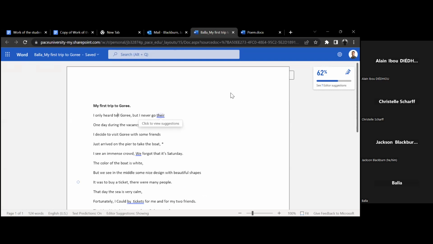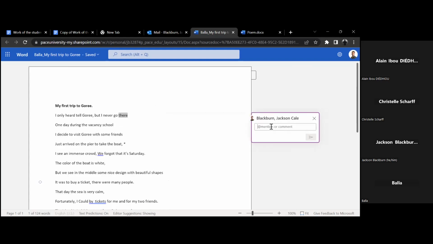Okay, so let me add a note. When you're speaking of, let me add a comment. There are three different types of there. The there that you used, which was spelled like this, is possessive.